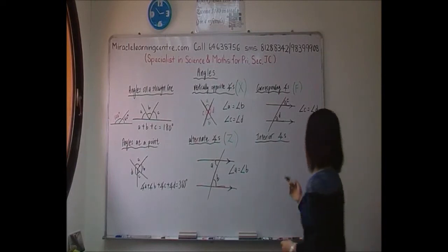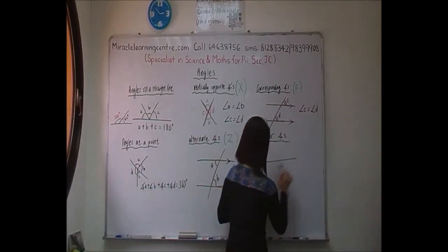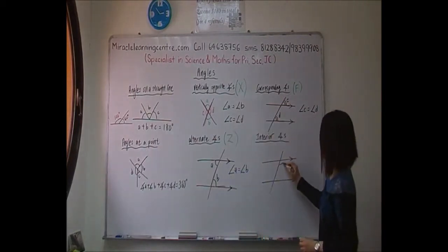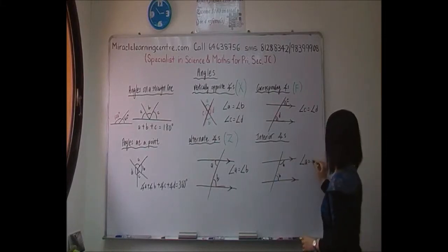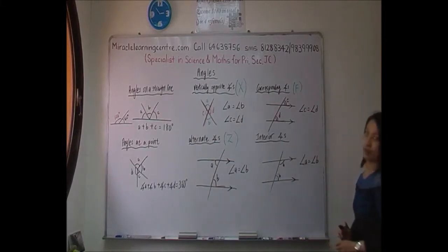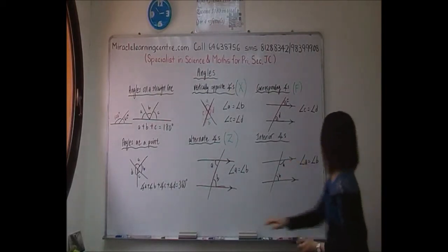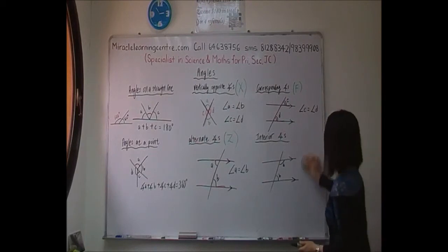And the last one, interior angles, also parallel lines with a line cutting across. Interior angles are not equal. They add up to 180 degrees.